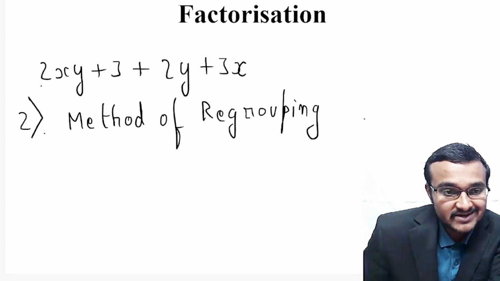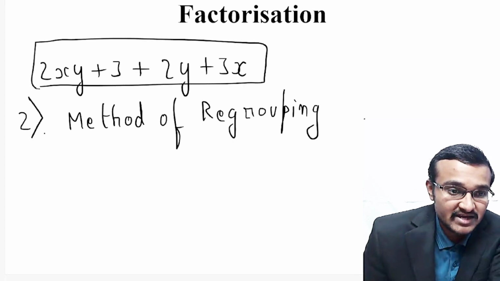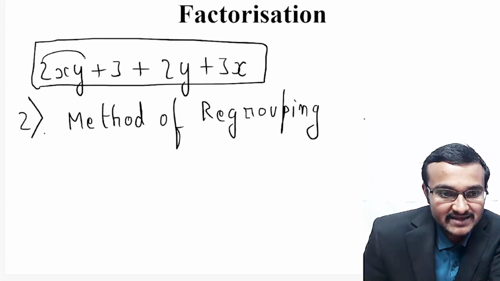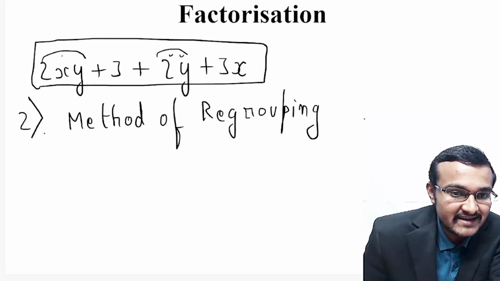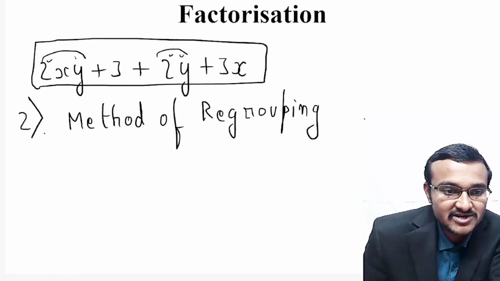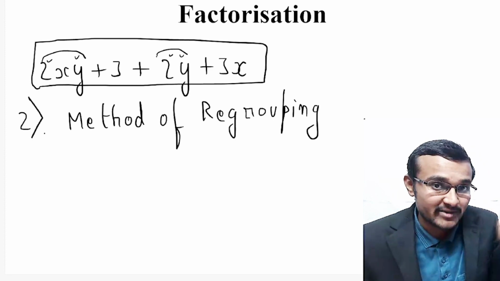So here in the 2xy plus 3 plus 2y plus 3x question, you have 2xy and 2y. Here you can clearly see 2 and y, and in this other term you also have 2 and y. That means these two terms you can group together so that you can take 2 and y common.